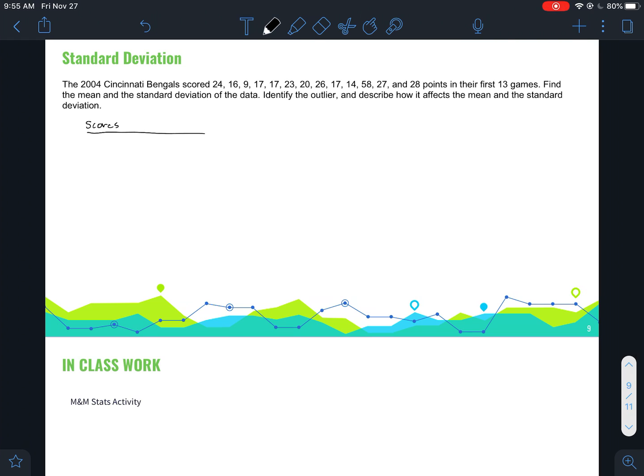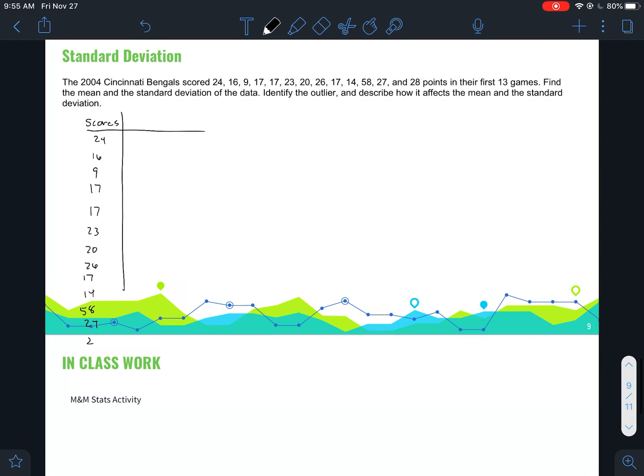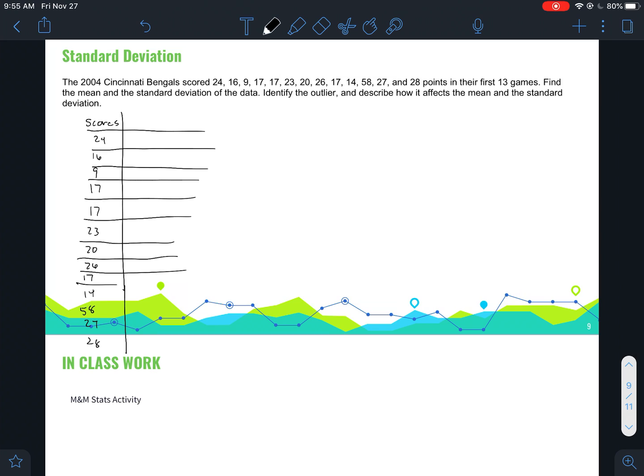All right, so let's do our scores. We had 24, 16, 9, 17, 17, 23, 20, 26, 17, 14, 58, 27, and 28. We're going to find the mean of that data set.